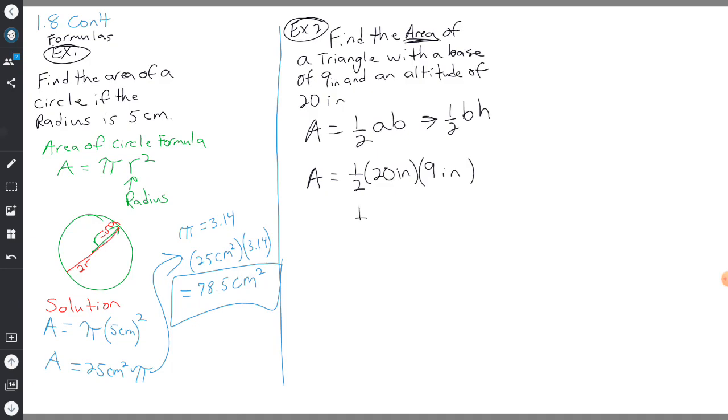If we're multiplying from left to right, we're taking these two. So that means we can put this 2 under that 20. And then do what?